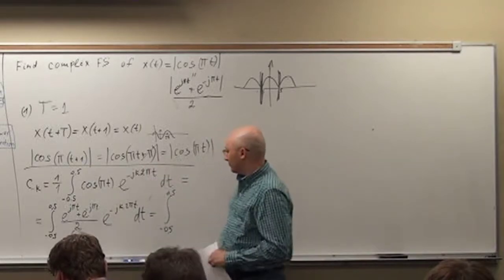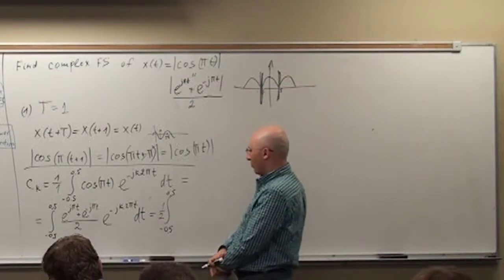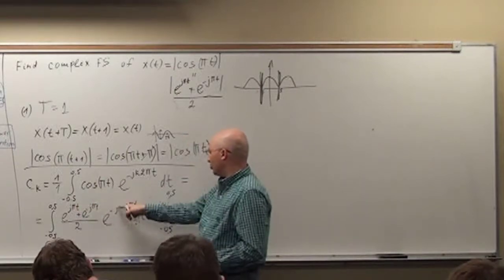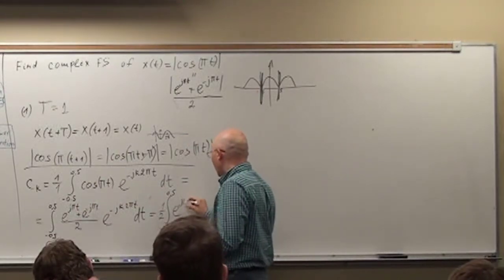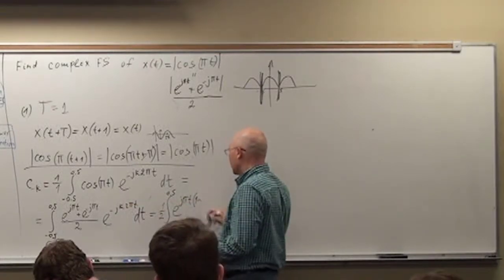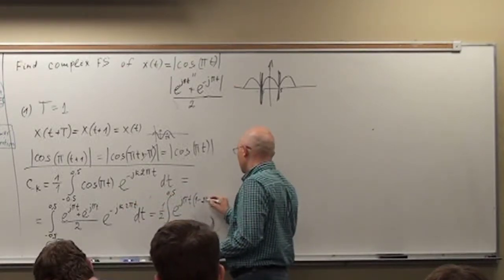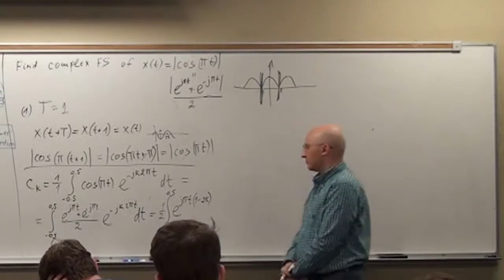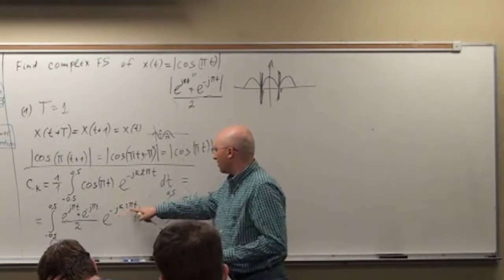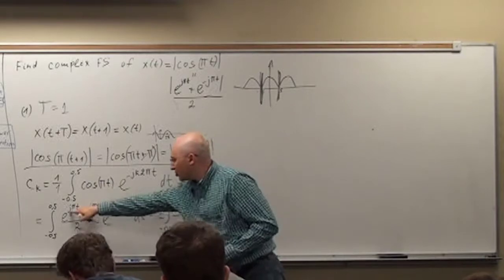So you'll have basically 1/2 can go out, no problem. Exponent, what is the common part here? j pi t, and here j pi t. So you'll have j pi t, and here you'll have 1 minus 2k, right? So I just took the common thing, which is j, pi, and t, and left with 1 minus 2k.